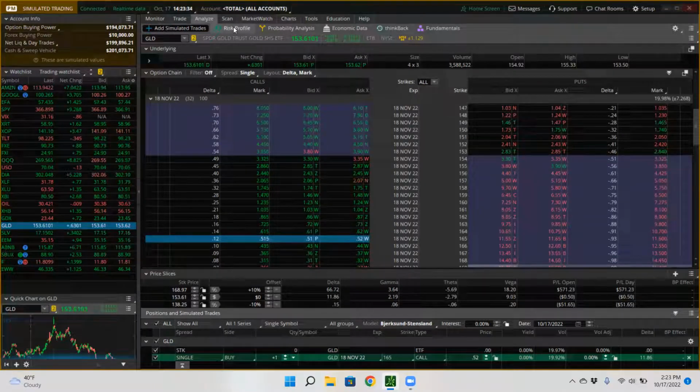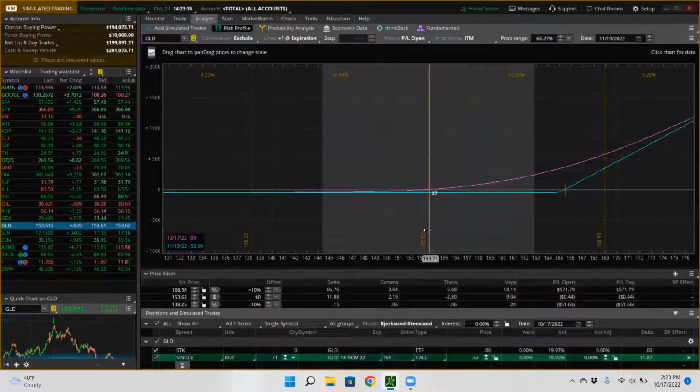But if we look at the risk profile on this, we're currently trading right down here. We have to move in order to make a profit. We have to reach not only our strike price, the 165, we also have to go an additional 52 cents, so that we get to 165.52, because it's the strike price plus the debit.